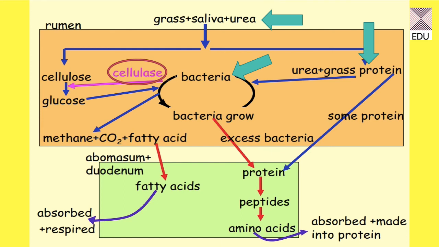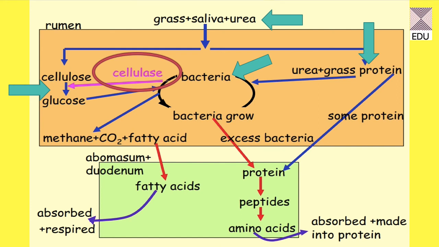Now after this, the cellulose part of the grass is digested by the cellulase enzyme. Now as we all know, this cellulase is given by those bacteria which are present in the rumen. So the cellulose is converted into glucose.